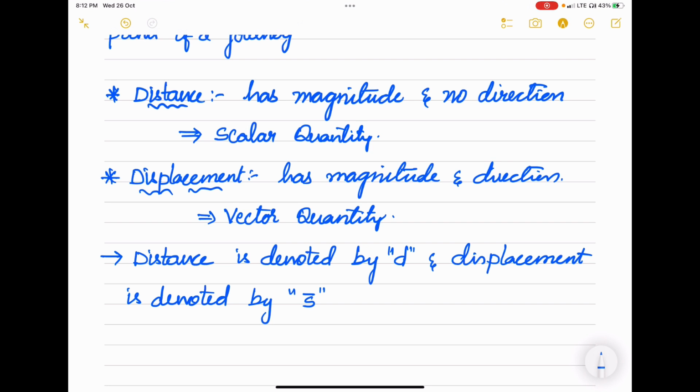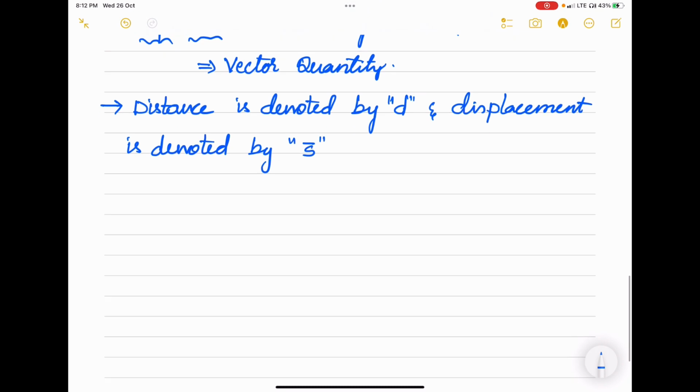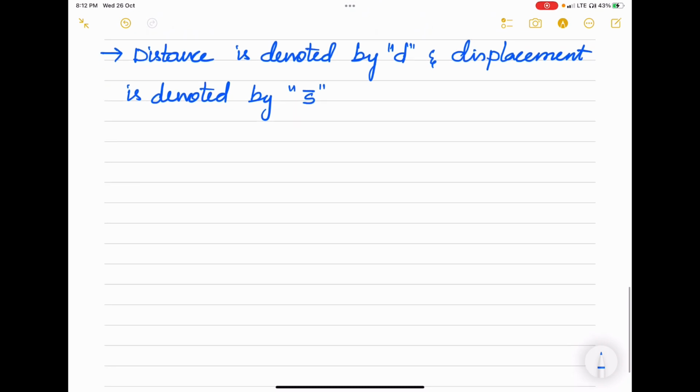So s bar. So displacement is denoted by s bar. And one more thing you would like to remember over here is both distance and displacement are lengths only. The quantities are named after length only. So therefore units of distance and displacement are same.